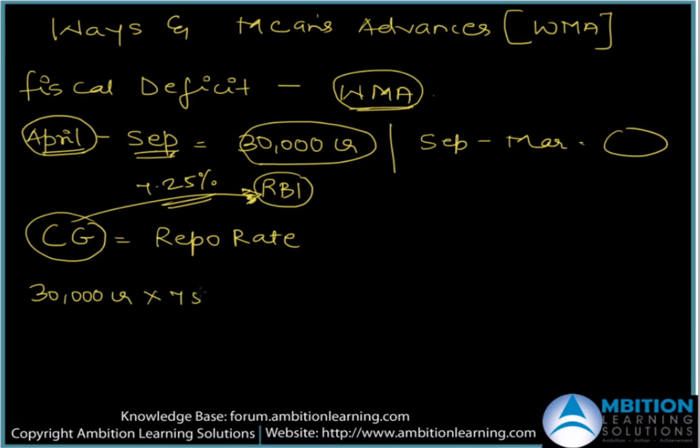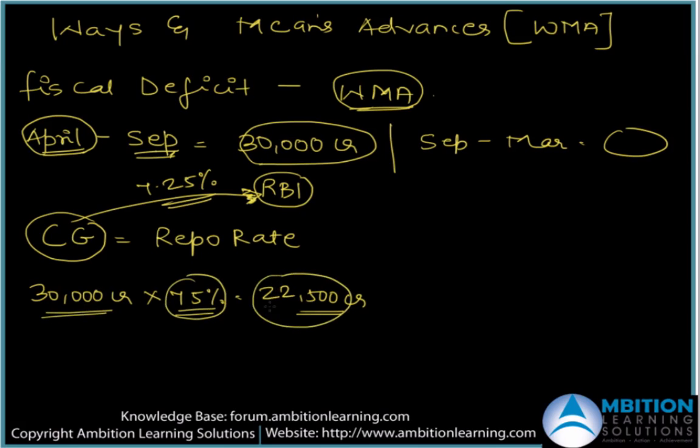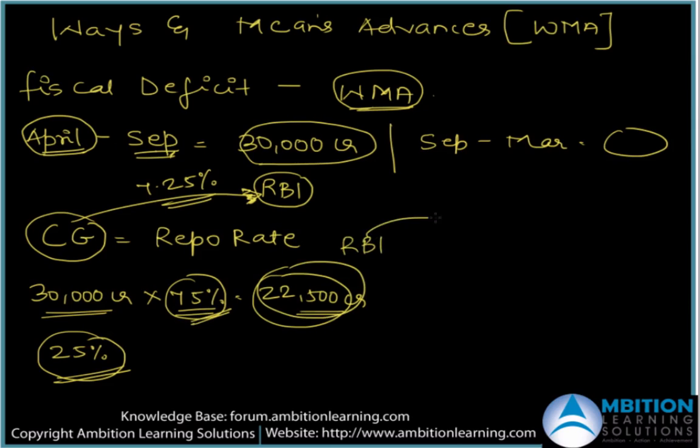As soon as 75%, which is 22,500 crore, of the amount which was to be given to the central government under WMA is funded, the remaining 25% of the WMA will not be funded by RBI, which means this 22,500 crore, which was 75%, was RBI giving its own money to the central government.